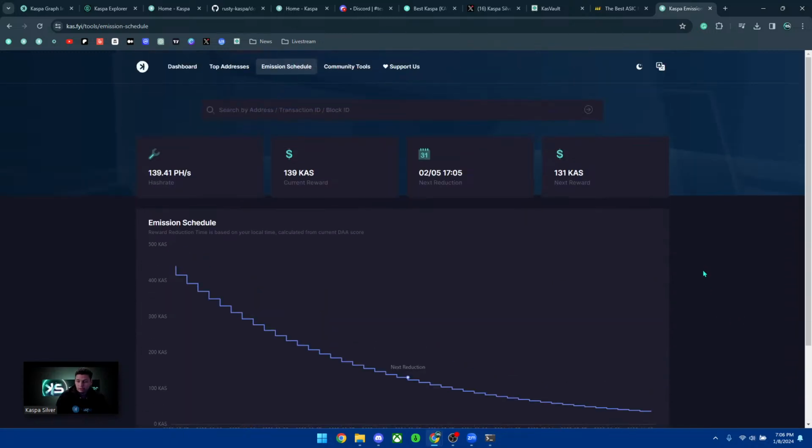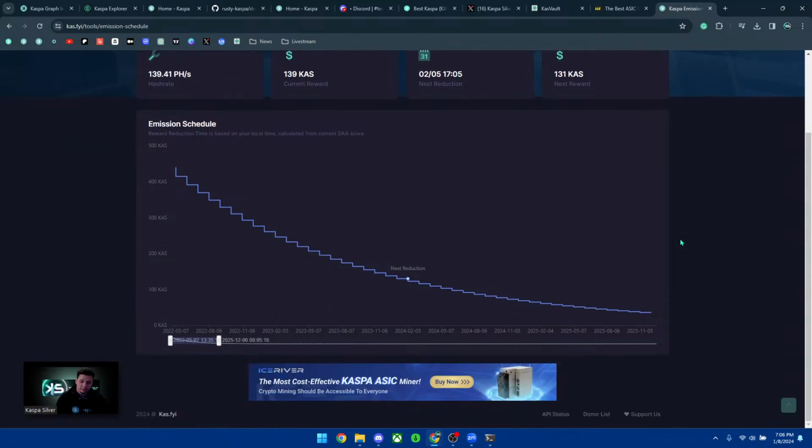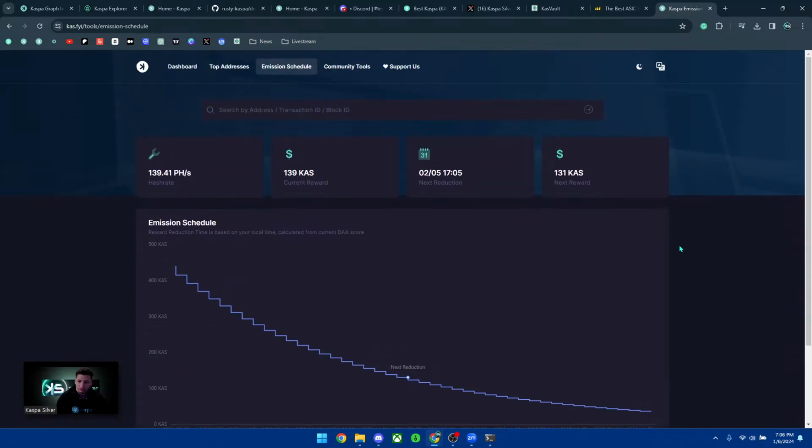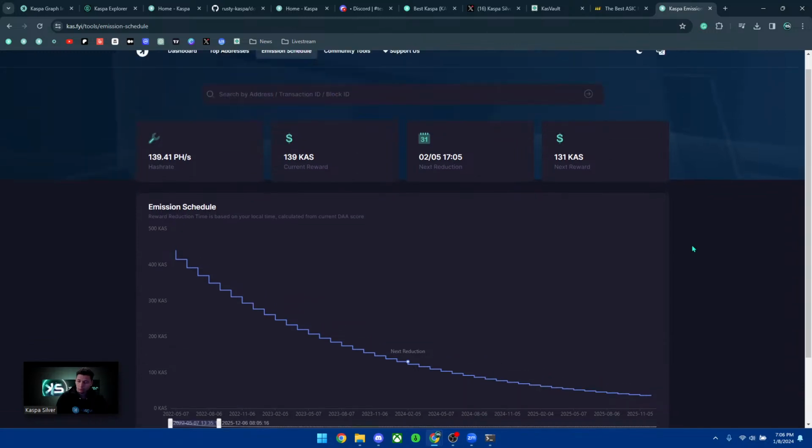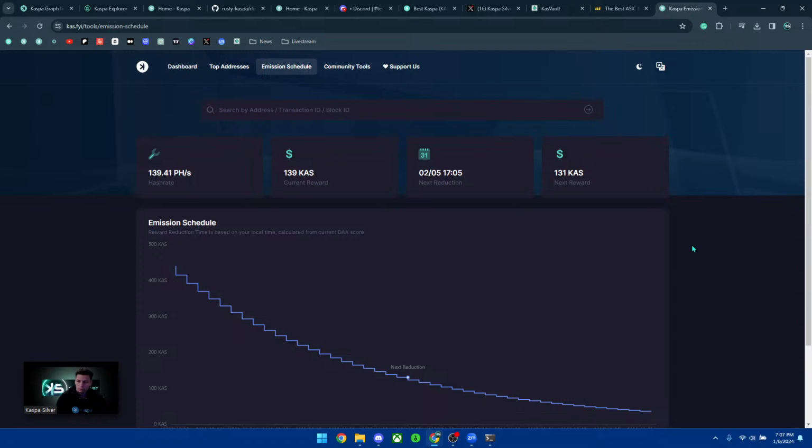Now, currently, how that looks and how it's going to work, is it enough? Honestly, I haven't done enough research on it, but I know Shai's been working on the fee market and how that should work in the future for Kaspa. But currently, it's not something to worry about right now.